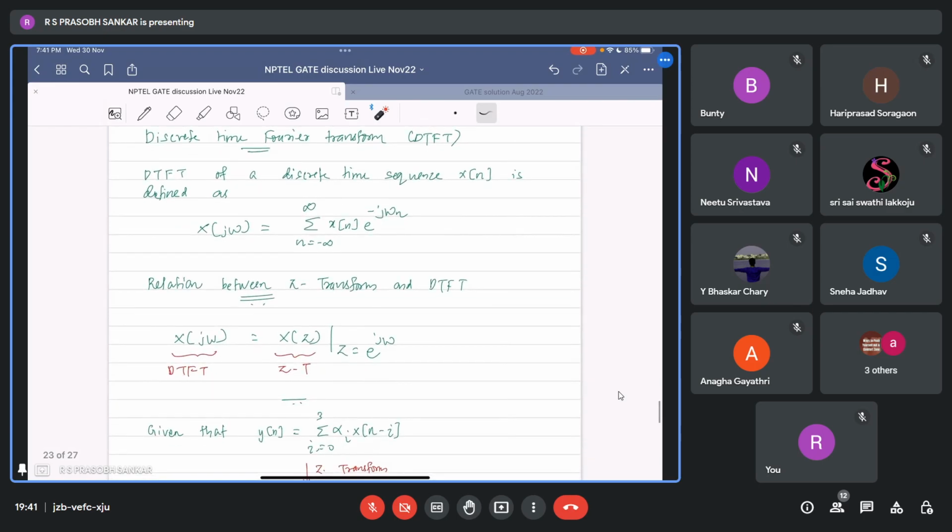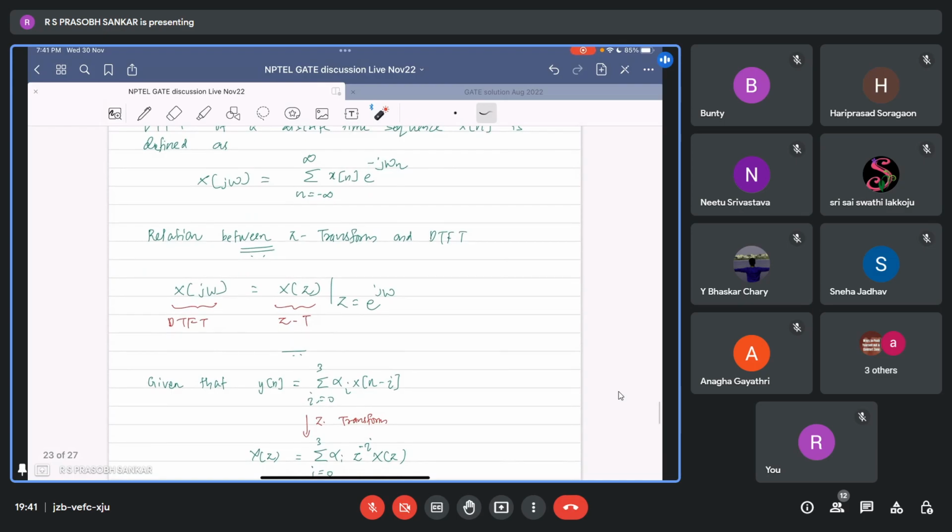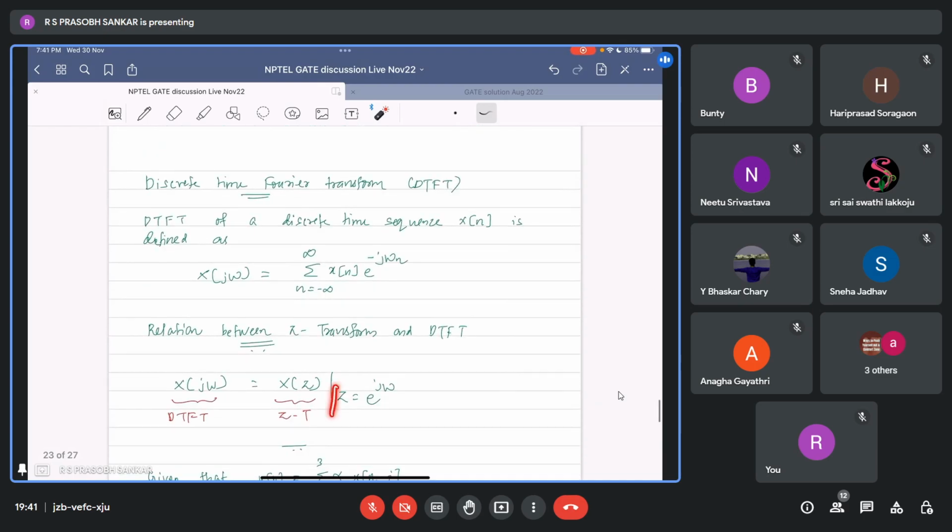That is also easy. Evaluating the Z transform at z equal to e power j omega will give you the DTFT. This is fine, right? I'm going a bit fast because we already discussed this some time back. Any doubts here? Shall I proceed further?